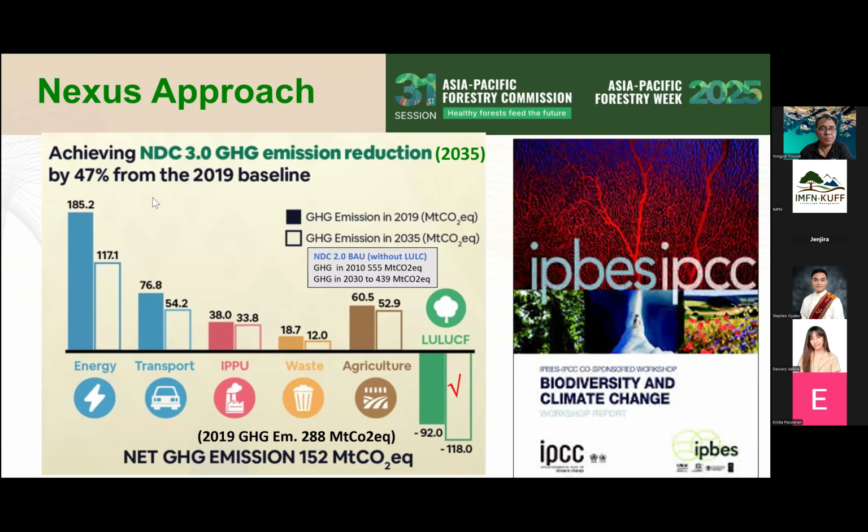So luckily, recently in Thailand we have the new nationally determined carbon reduction policy for the next 10 years. Previously, the Thai government put a lot of effort and spent a lot of money on energy, transportation, waste, agriculture, and also polluting substances.